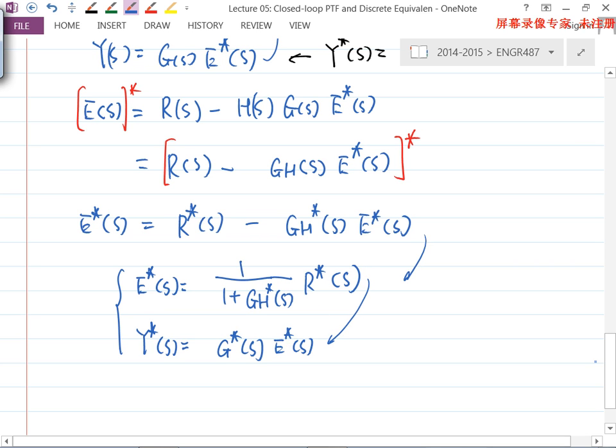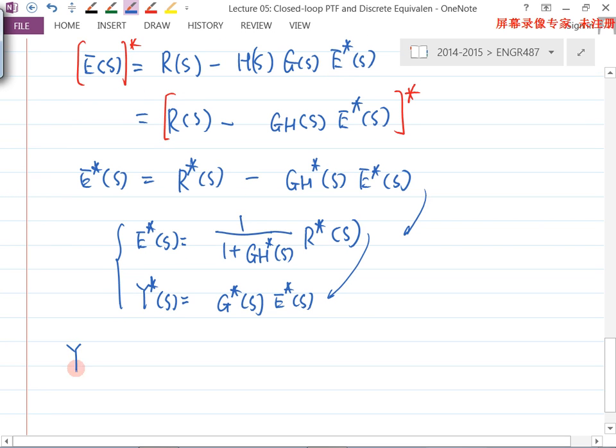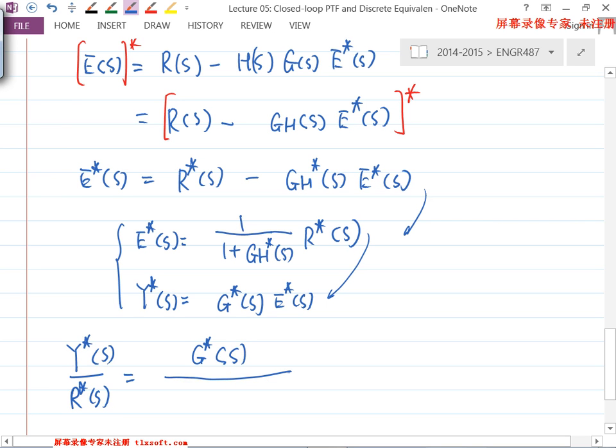So that gives me the ratio Y star over R star, which is G star over G star times, G star over what? GH star S.